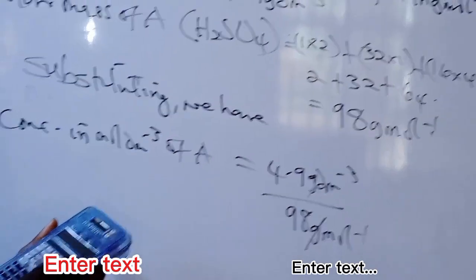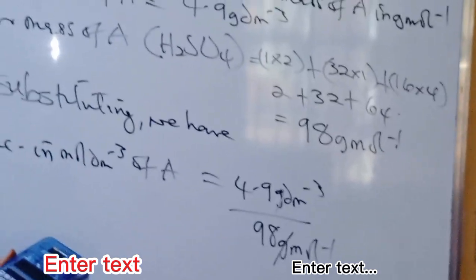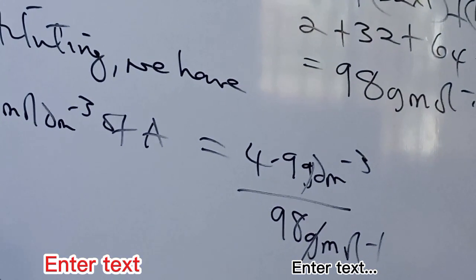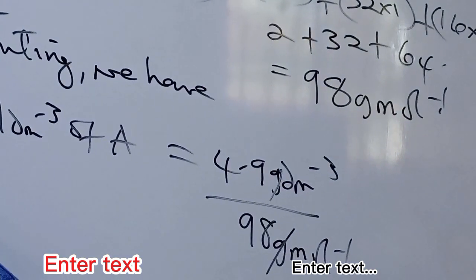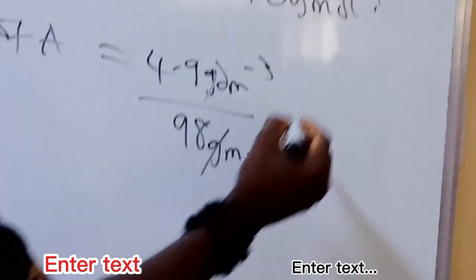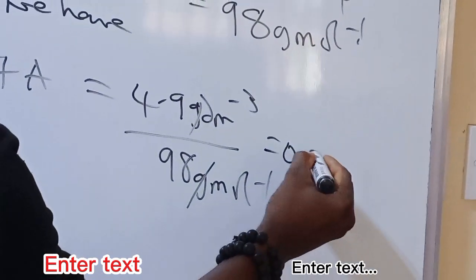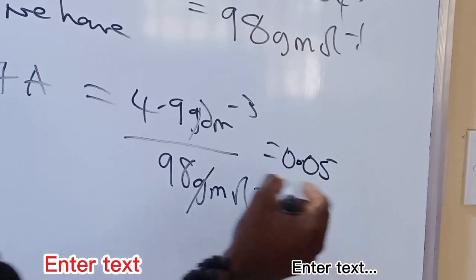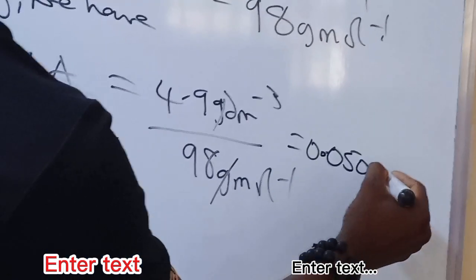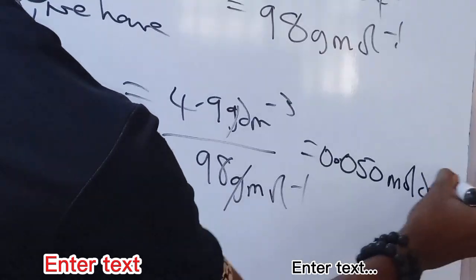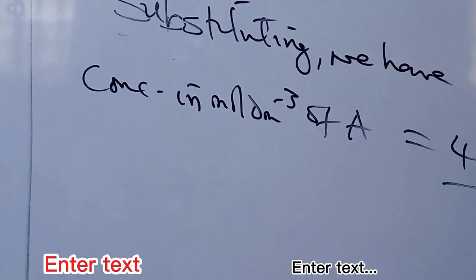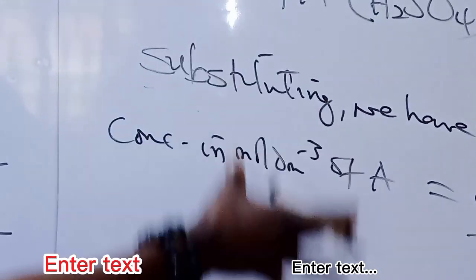Then 4.9 divided by 98, we have 0.050 moles per dm cube. Alright, so that is our CA. I believe it is understood.